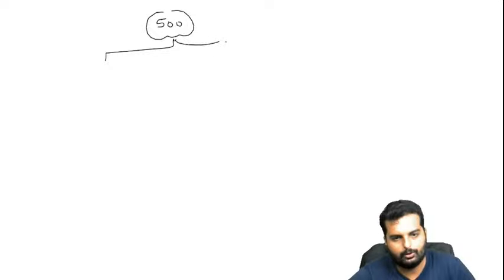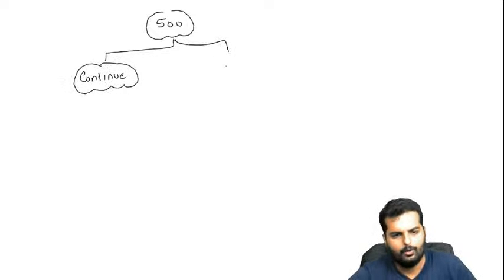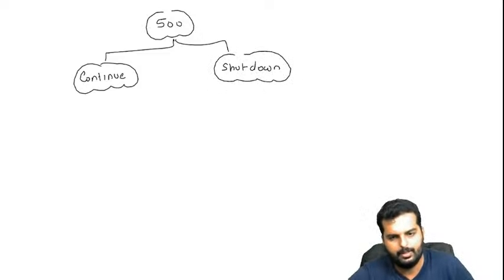Alright friends, I'll now go and write down and show you why it will be at a continuing position. Again, I have two options over here. What is the first option? Continue. What is the second option? Shut down. Okay. If I continue, I will be making 500 units into 40. Is that turning out to be 20,000? What will be my fixed cost over here? 50,000. So what is going to be my loss over here?